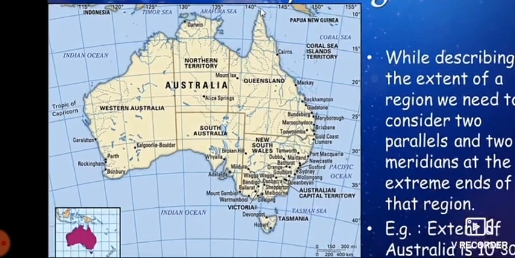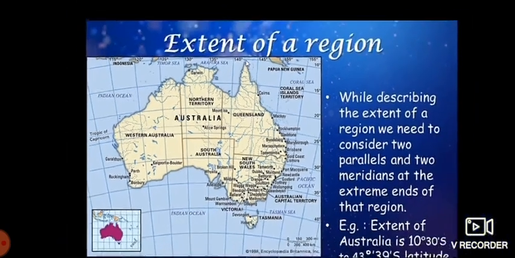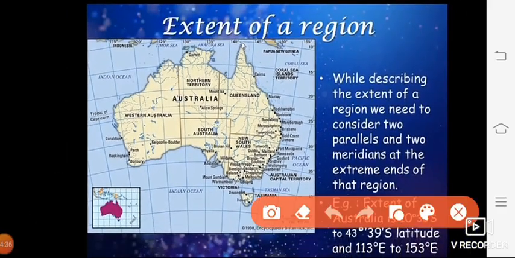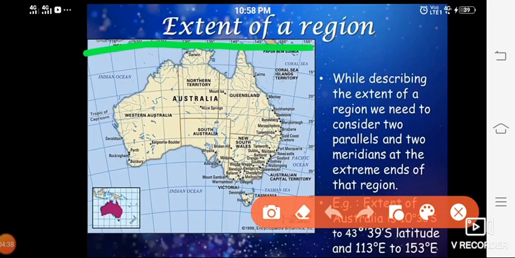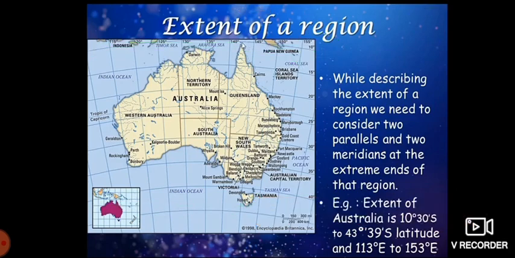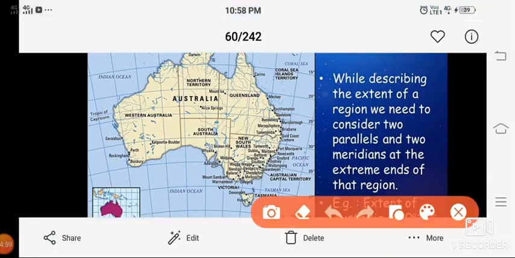A little bit zoom in, so the latitudinal extent, I'll show you, it is exactly here and in this part. Here we had 10 degree, yes or no? So its latitudinal extent starting is 10 degree 30 minutes south. Yes, I showed you that is south. Is this south 10 degree?